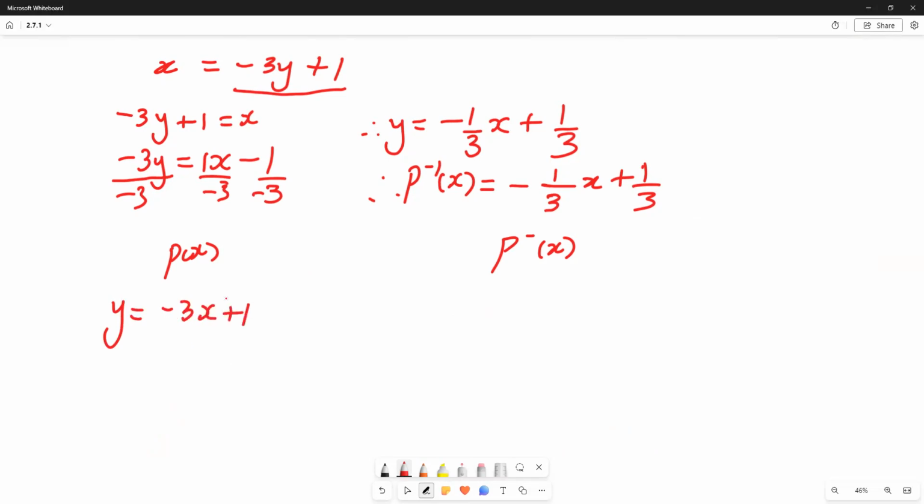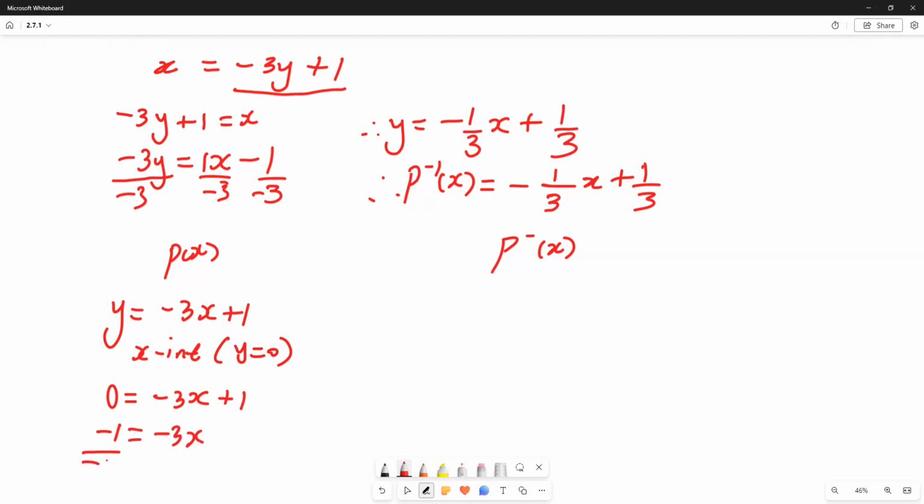Let's do the x-intercept here. Remember, for the x-intercept, you make y 0. So this will be 0 equals minus 3x plus 1. Then I take it that side, which is negative 1 equals minus 3x.